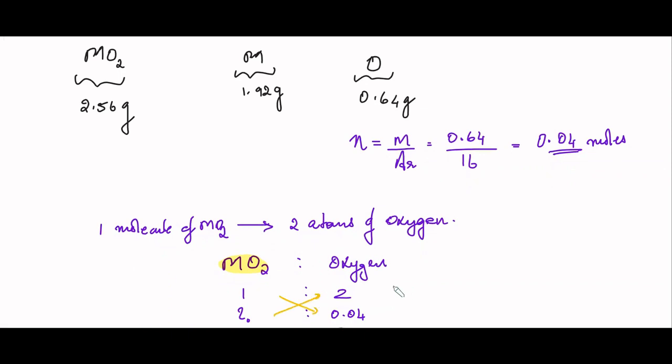Here you will be getting 1 times 0.04 is equal to 2 times question mark. I don't know how much it is. So this question mark will be equal to 0.04 by 2, which gives me 0.02 moles.